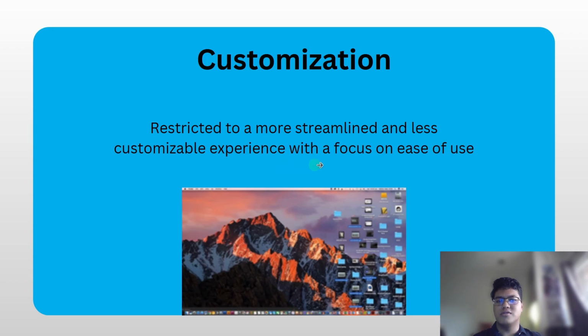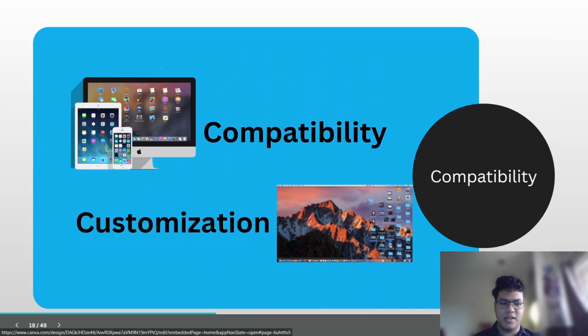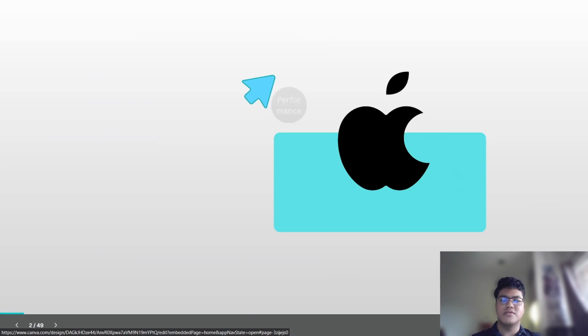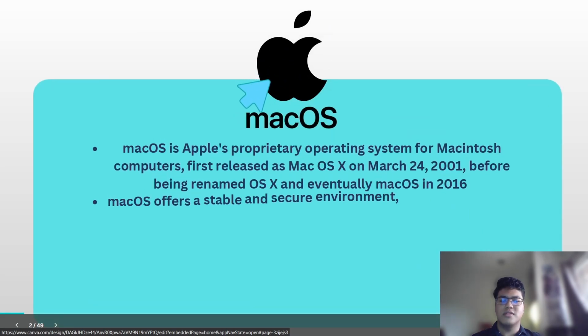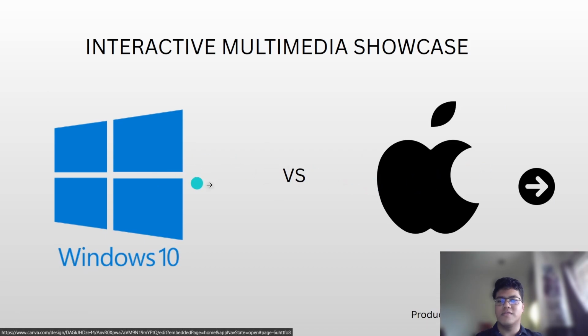This is all due to the focus on ease of use rather than anything else. Now we have done comparing the two. It's easy to see that the two operating systems have their own benefits.